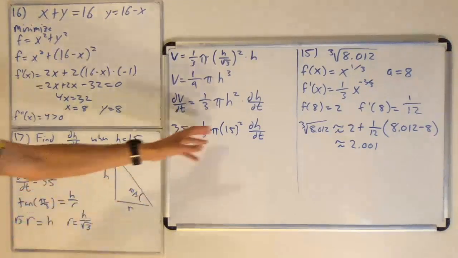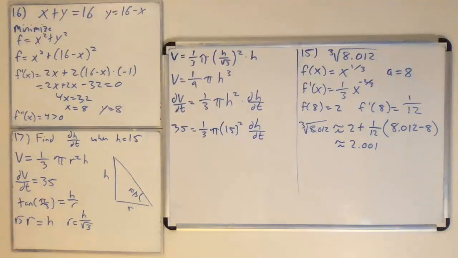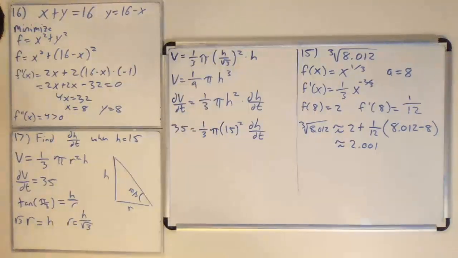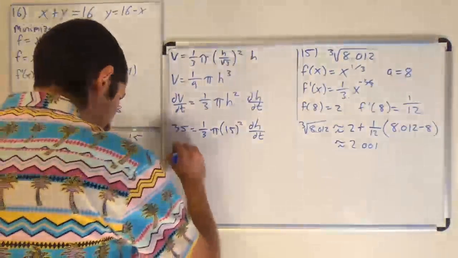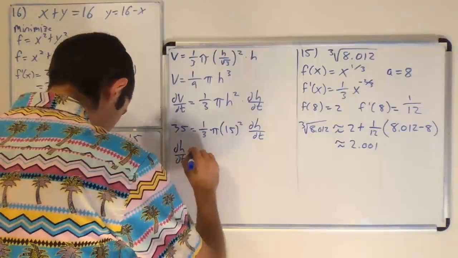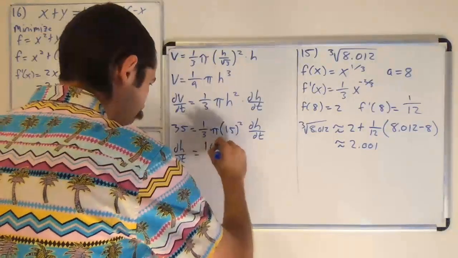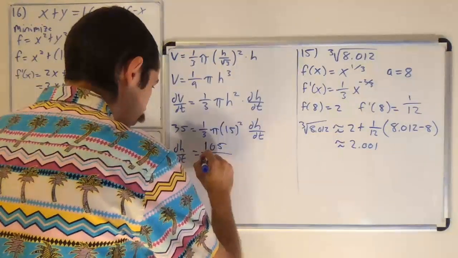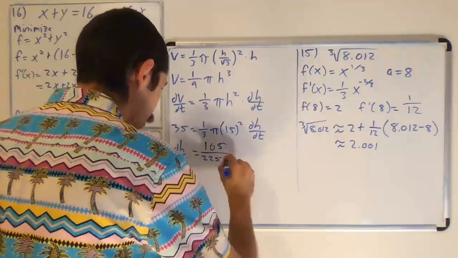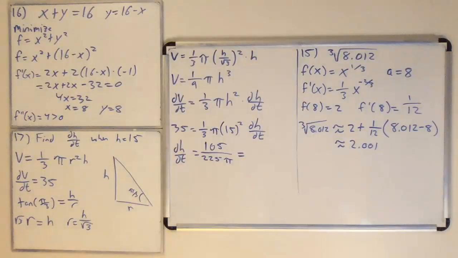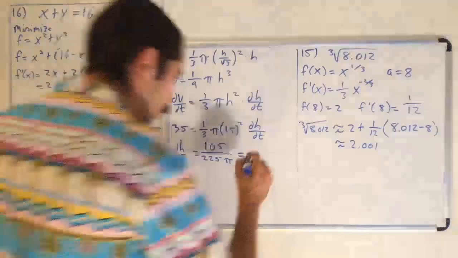Okay, and so then we could divide over the 1/3 pi times 15 squared, and we get dh/dt is 105 over 225 pi, which simplifies to 7 over 15 pi.